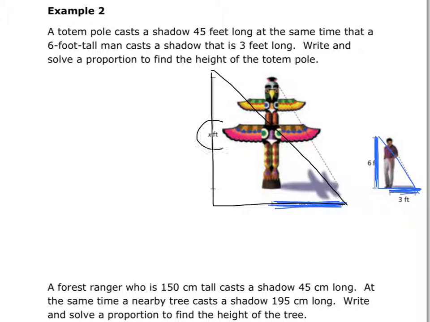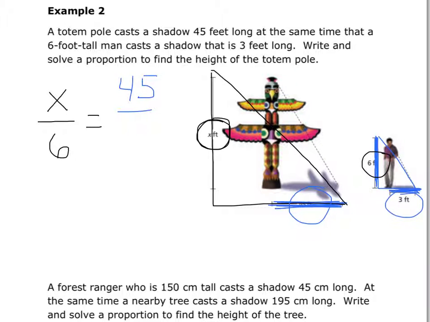So notice this side x would match up with the man's height of 6 feet, so we can say the totem pole's height and the man's height compared would be equal to the other corresponding side. We have the 45-foot long shadow on the totem pole, and that would be over the length of the man's shadow.